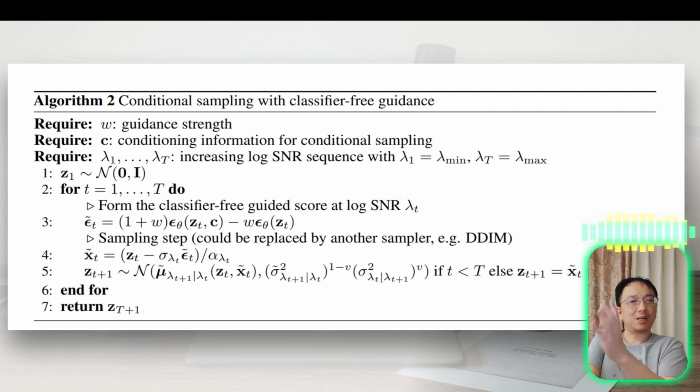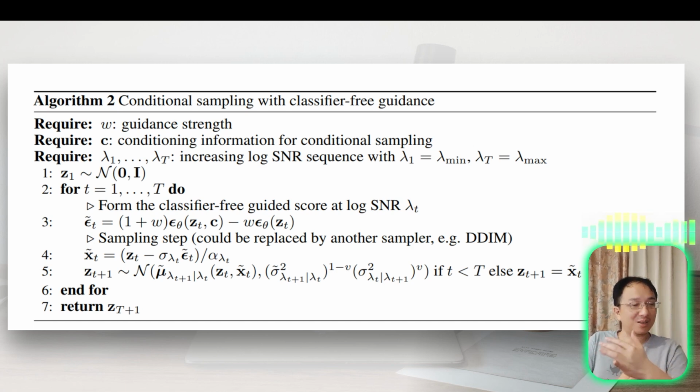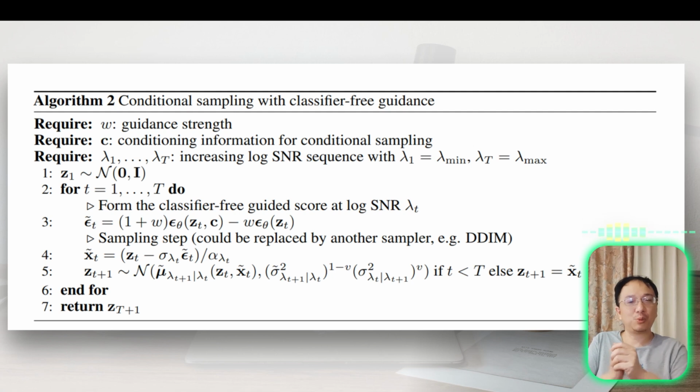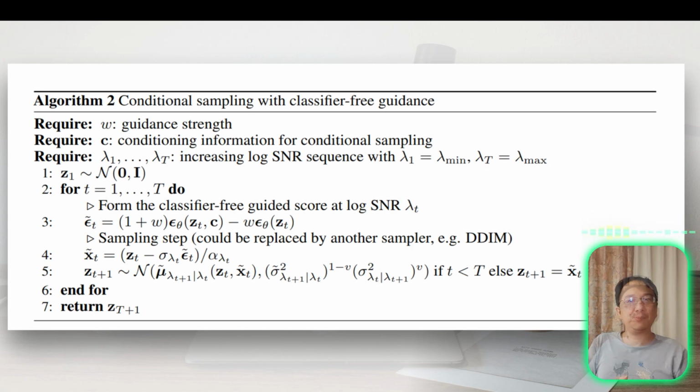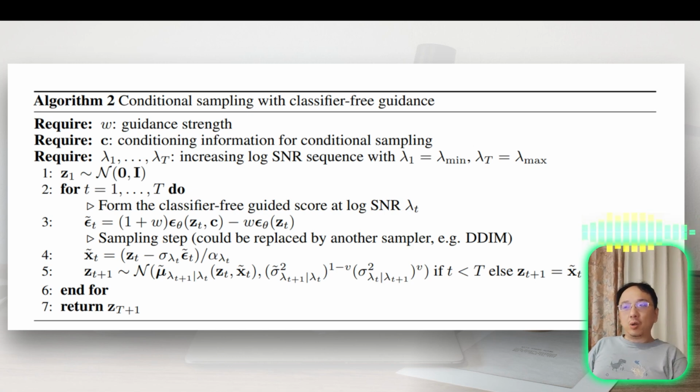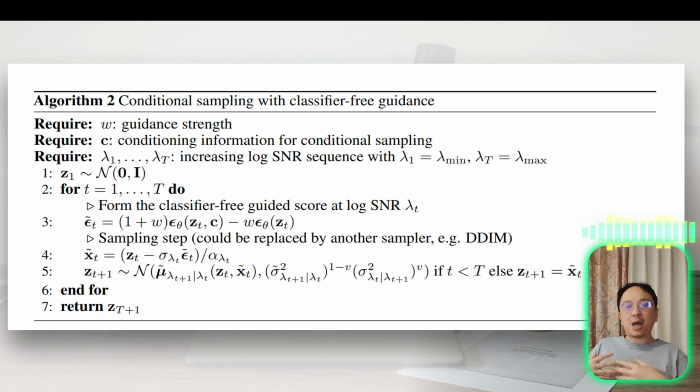But one thing that this model obviously can do is generate unconditional images together with conditional images. So at least it has the ability to generate images either conditionally or unconditionally. That is one of the obvious benefits. However, our ultimate goal is to generate images with high quality, high fidelity, and high variety.